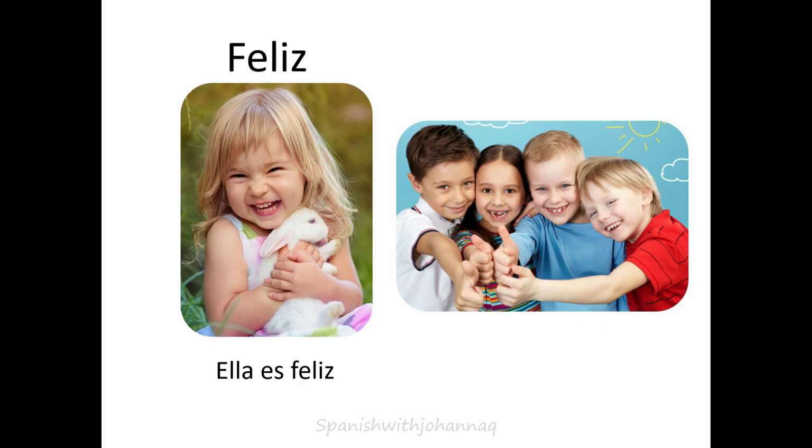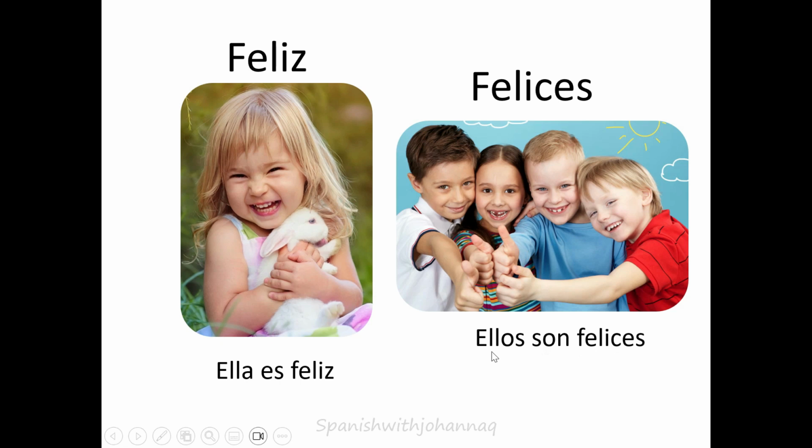So this adjective, we need to make it plural. So we change this letter for C and we add ES to make it plural. And our sentence for they are happy in Spanish is ellos son felices. So let's say it one more time. Ellos son felices.